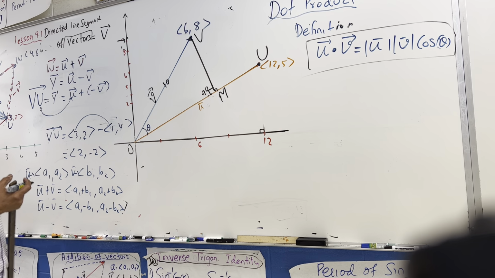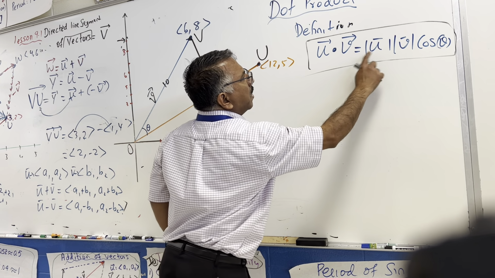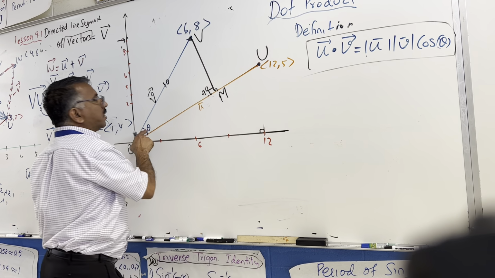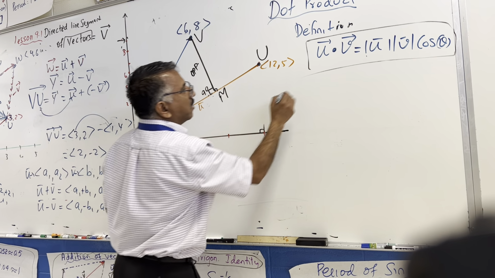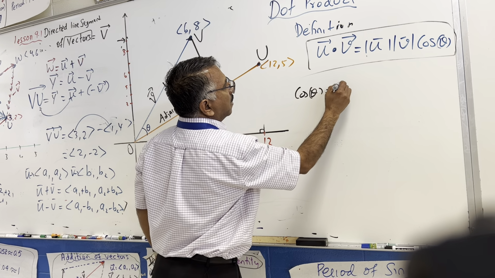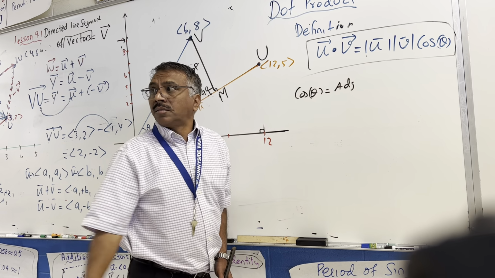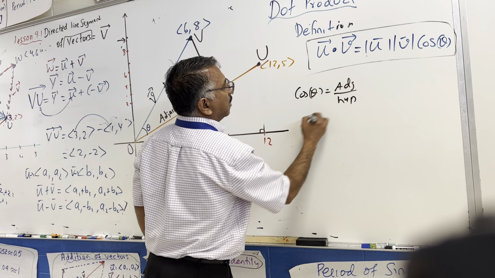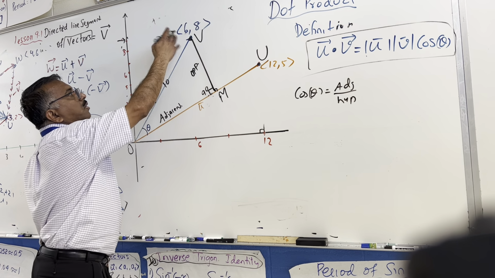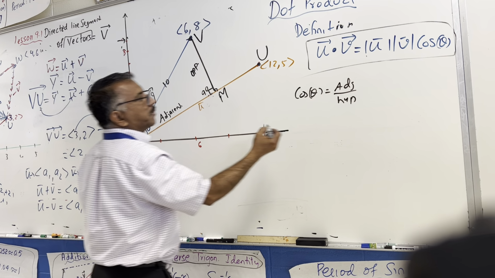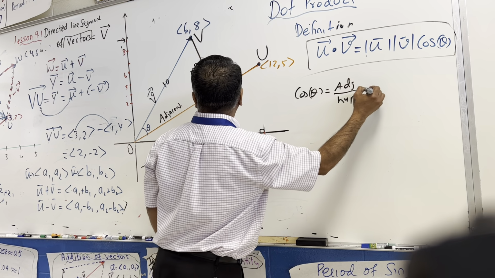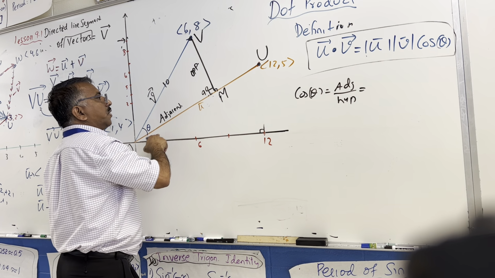If this is theta, this becomes the opposite side and this is the adjacent side. By definition, cosine theta is adjacent over hypotenuse, so which is OM.